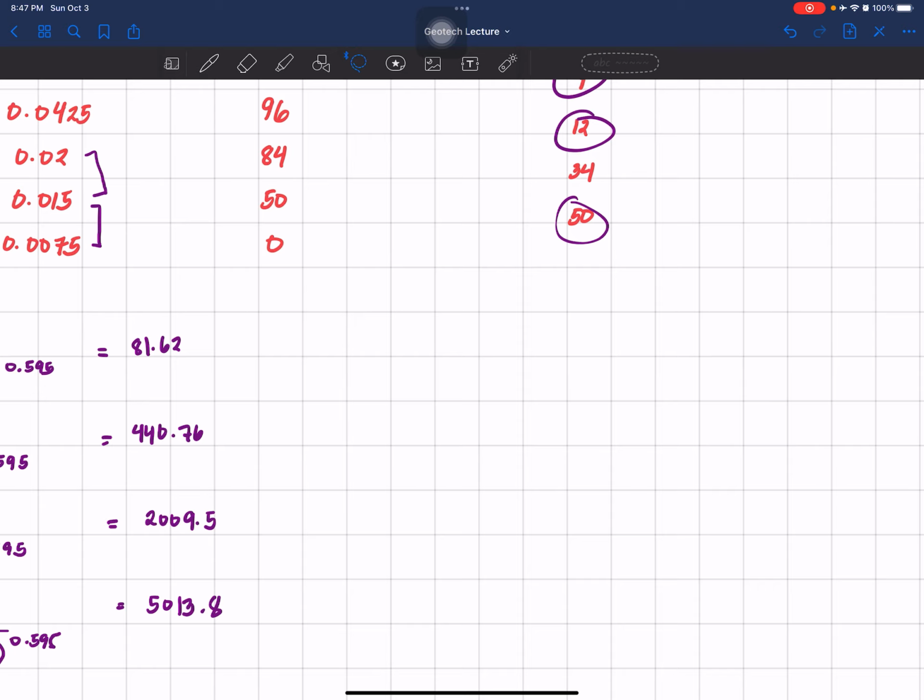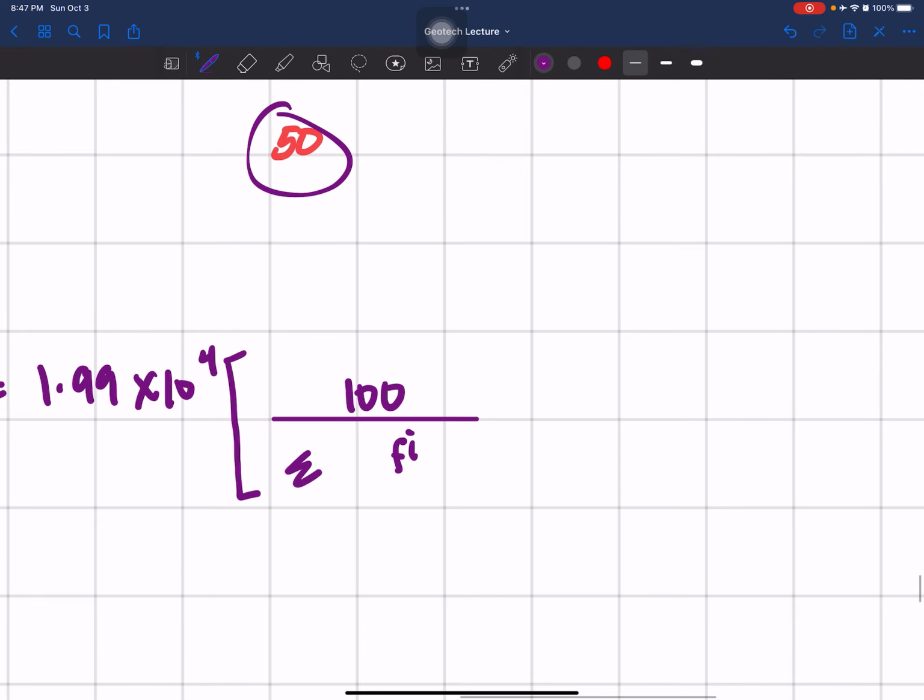So, medyo madugo. Okay. K equals 1.99 times 10 to the 4th over 100 all over yung summation, guys. Yung summation of Fi all over DLi raised to 0.404 and DSi raised to 0.595.